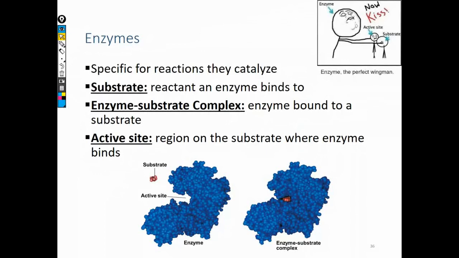So let's talk about enzymes, a form of protein, our favorite biomolecule. Remember that they are very specific for the reactions that they're catalyzing. We talked about this in our example too.